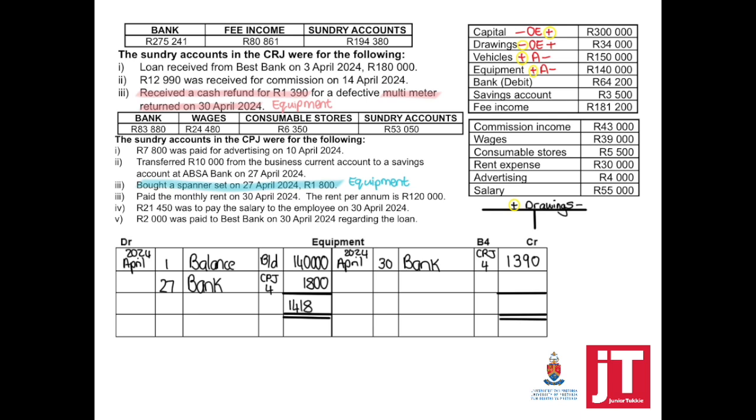So we start to total the debit side, which means the debit side must be equal to the credit side. It means that the difference, 141,800 minus 1,390, equals my balance carried down, which will be my opening balance in the new month. That will be May the 1st, 2024.